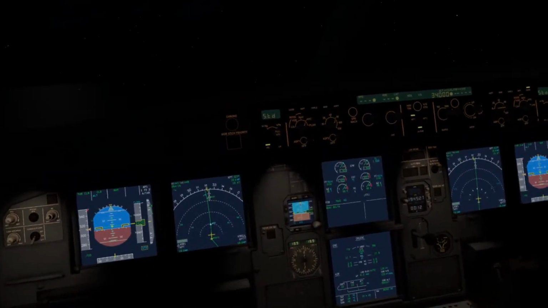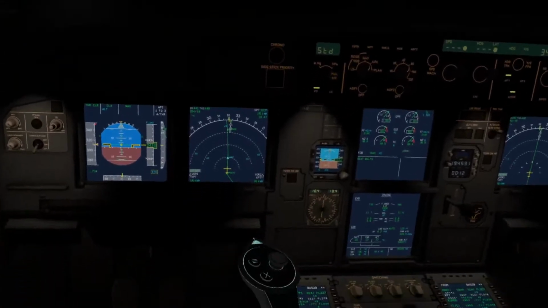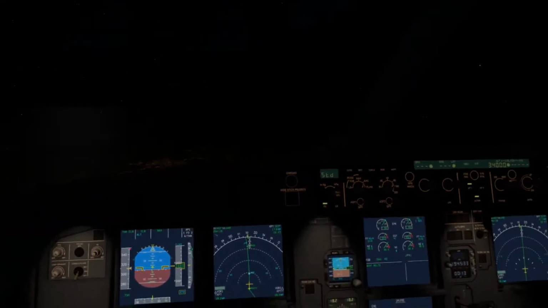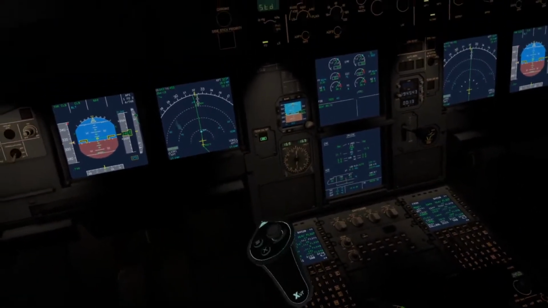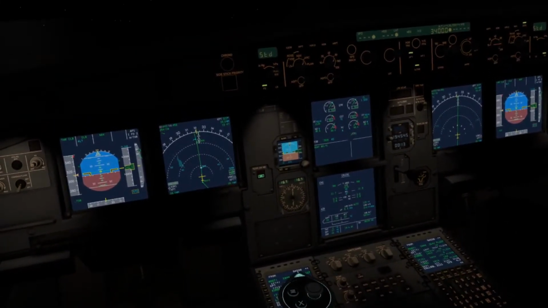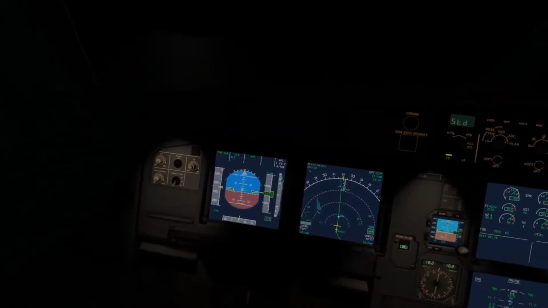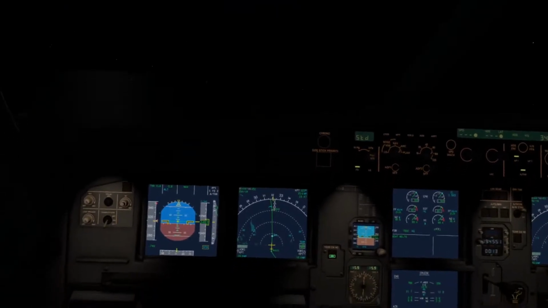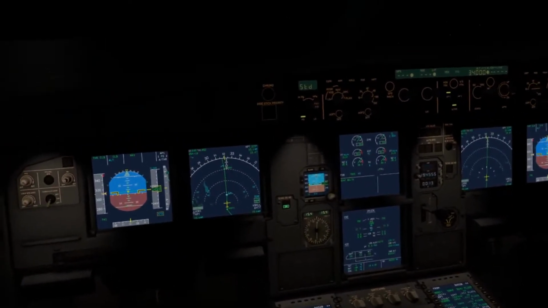Once we get to cruise, we're going to check all the systems, and I'm going to explain a bit more in detail, hopefully. So you can see that the Tolus actually has a better weather system.